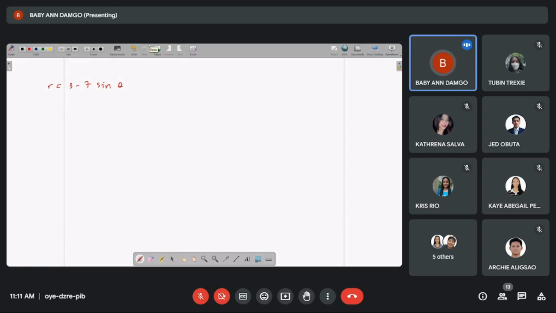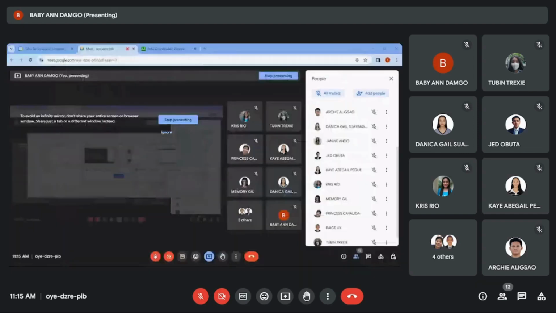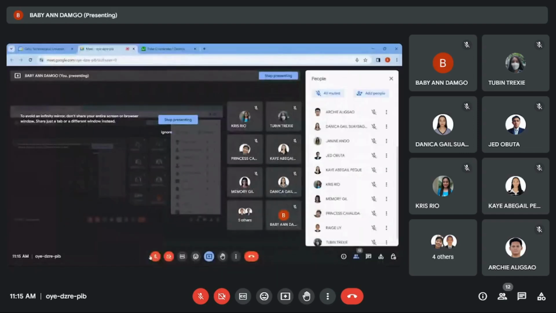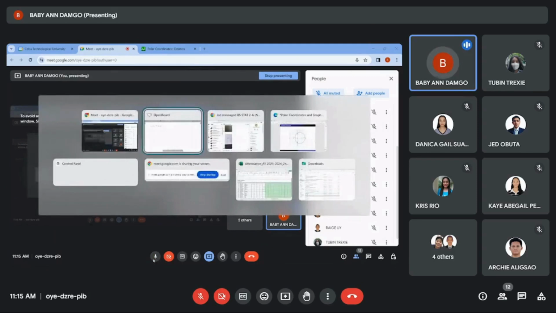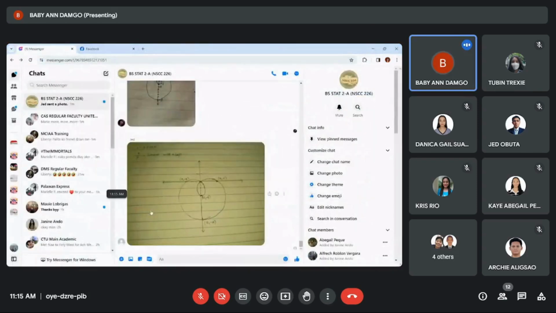So sketch the graph and then please send it to our group chat. Okay. So we have 3 minus 7 sine theta. This is a limaçon with a loop.